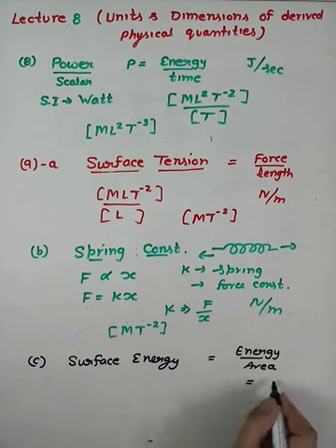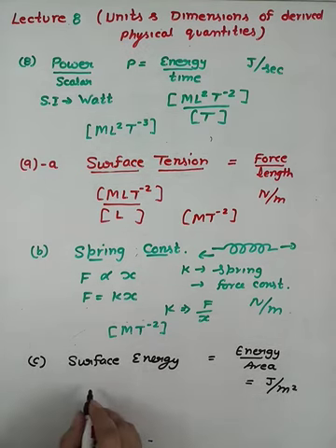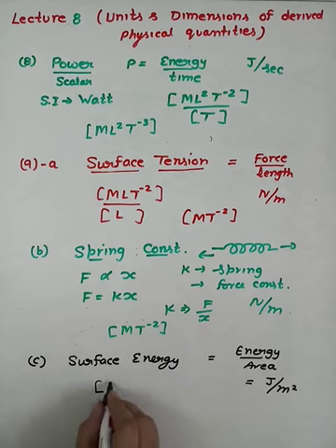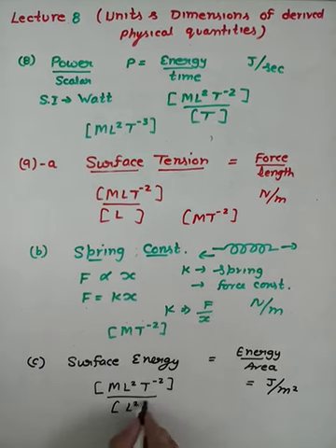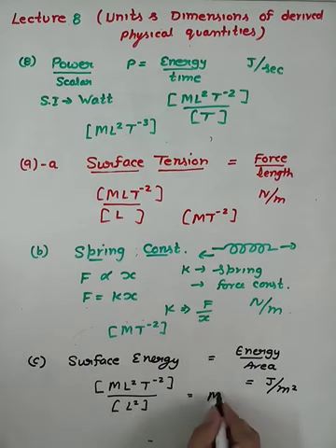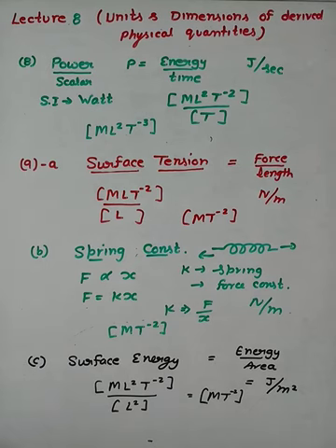Energy has unit joule, area is meter square. Its dimension will be, dimension of joule is ML²T⁻² and that of meter square is L², therefore we get the same dimension MT⁻².